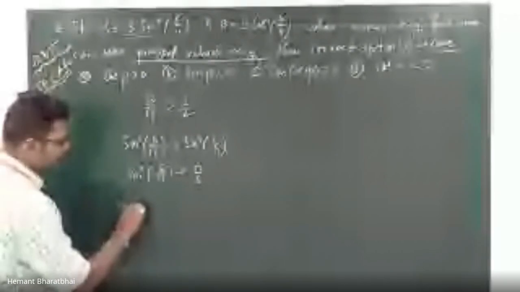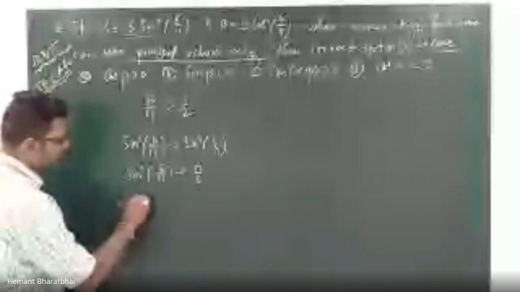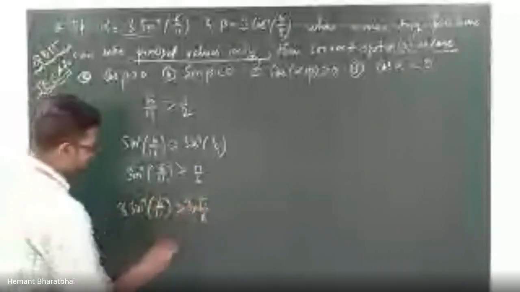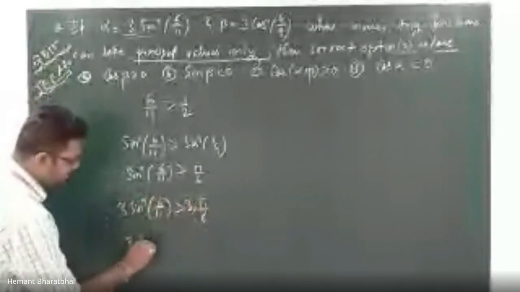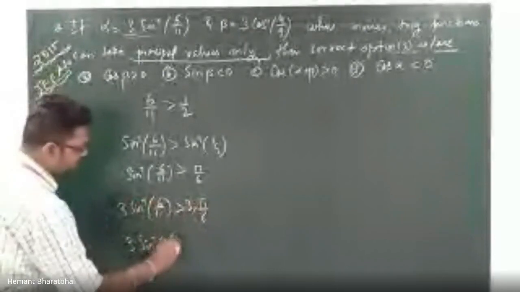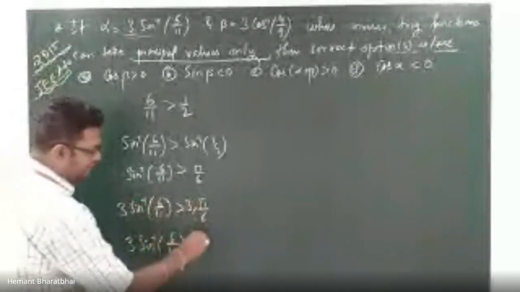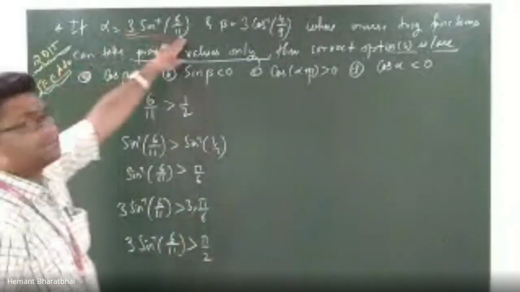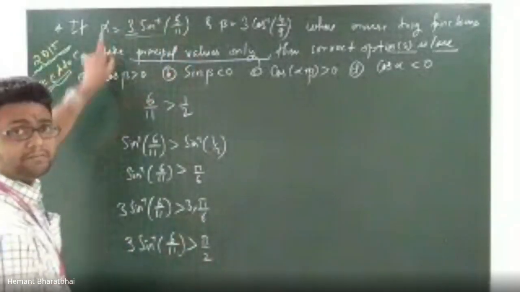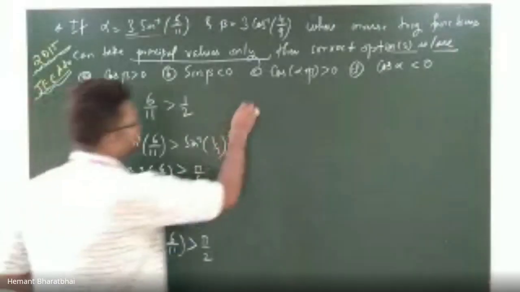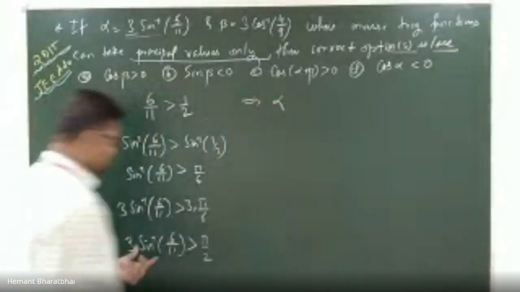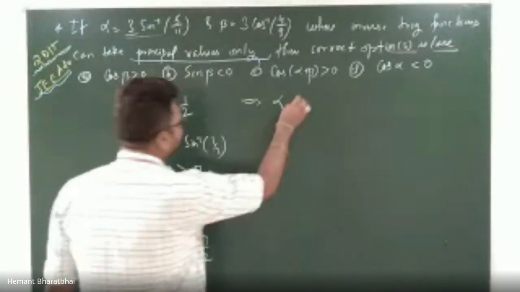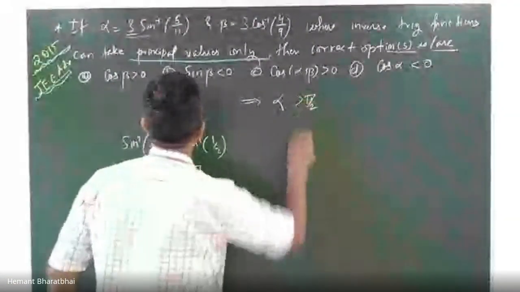So I get 3 sine inverse of 6 by 11 is greater than 3 into pi by 6, that is pi by 2. And this 3 sine inverse of 6 by 11 is nothing but alpha. Therefore I can write alpha is greater than pi by 2.